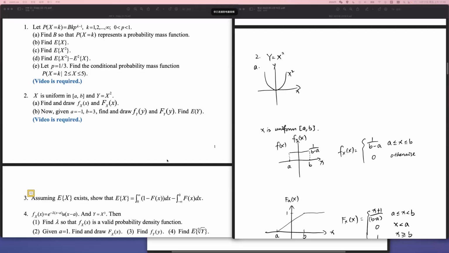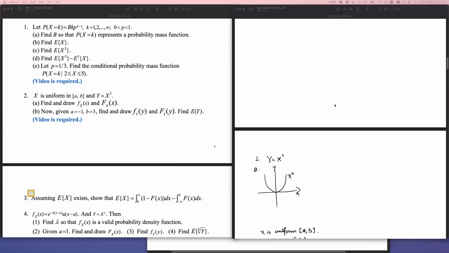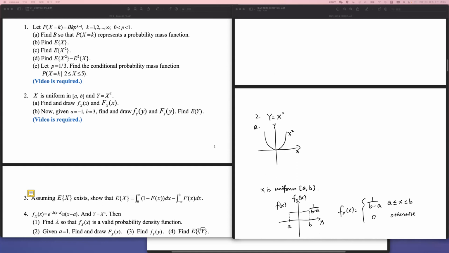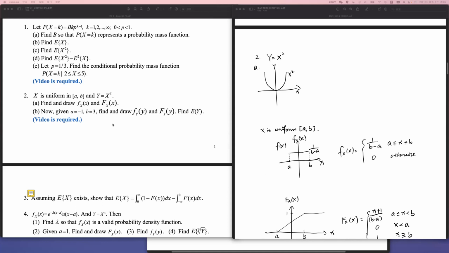Okay, so for the second question, x is uniform in a to b and y equals x squared. From this, we know that the plot of x on the x-axis and y on the y-axis should be like this. X squared is a parabola, and first we want to find f_X.